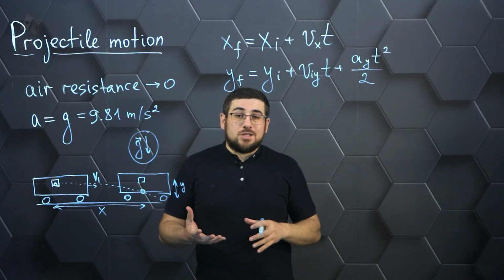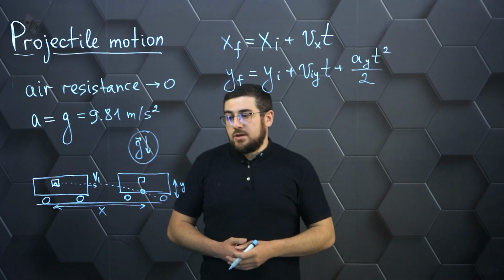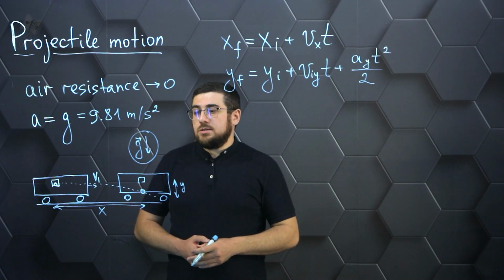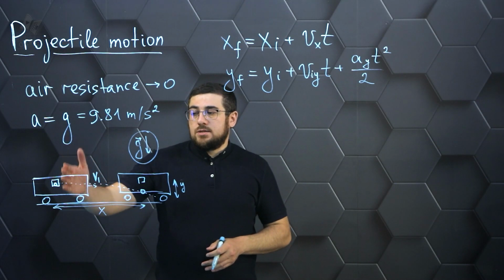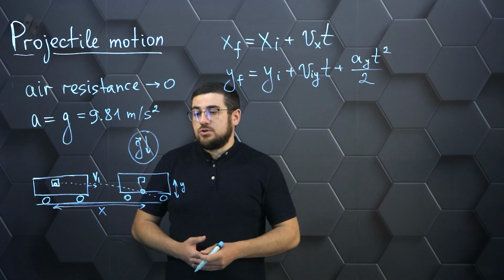Now our task is to adapt these coordinates a little bit for a more simplified perception of this information. For this purpose, we can take the starting point as the origin, i.e., where we started to consider the motion.